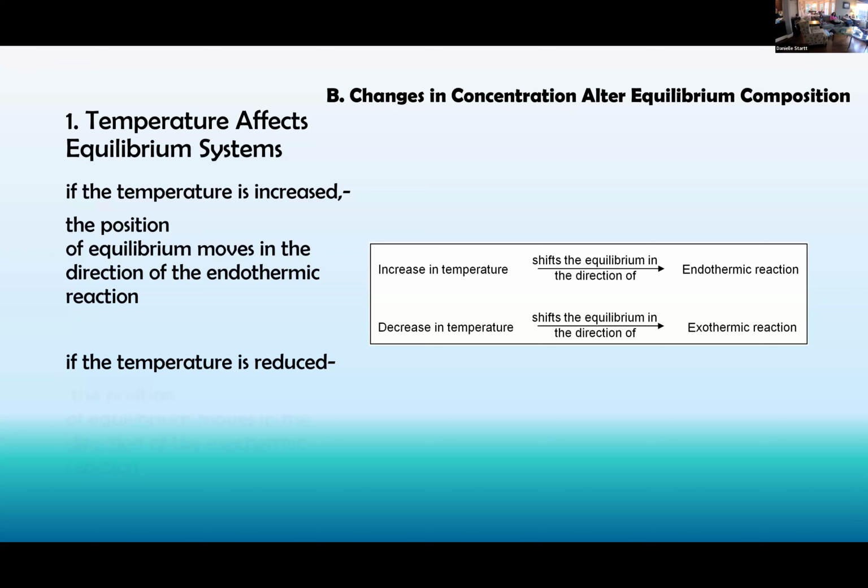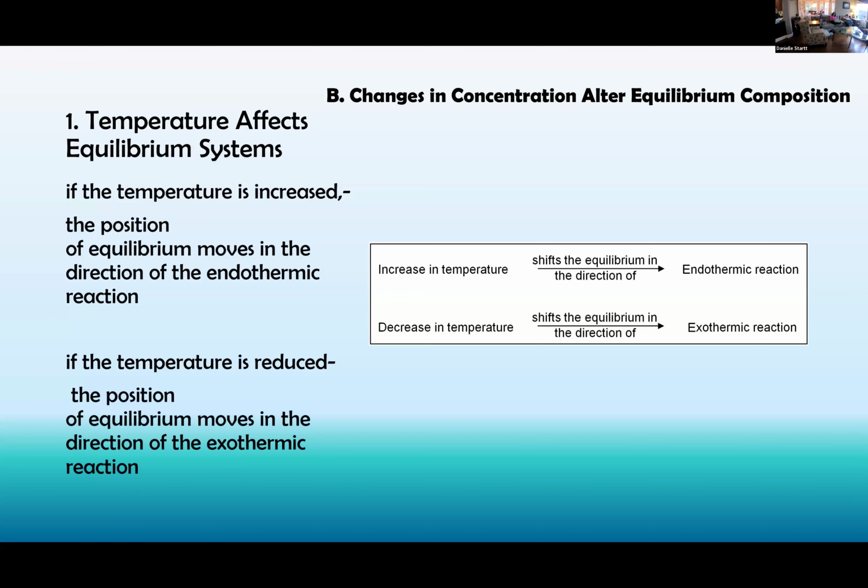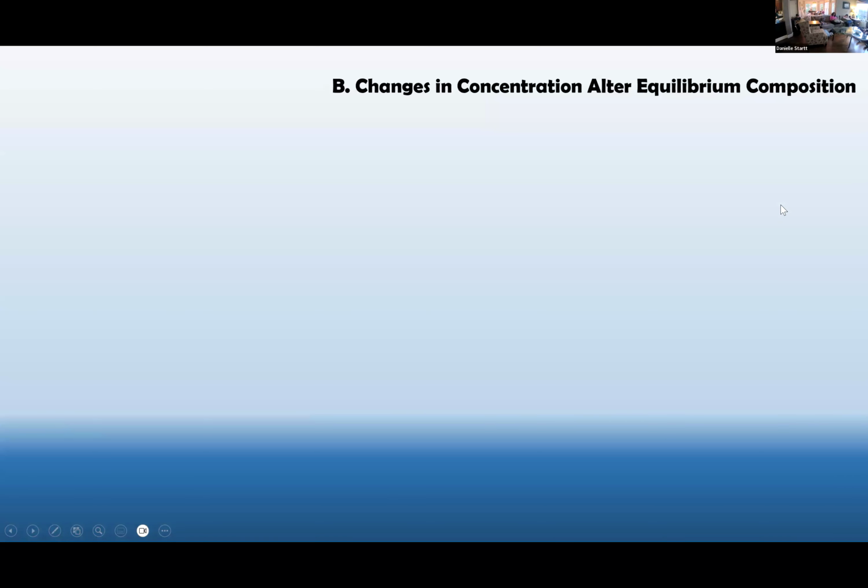It shifts the equilibrium in the exothermic direction. So this is how you can have reversible reactions that produce heat in one way and then absorb heat the other way. So you can see a temperature change in the reaction depending on which direction your reaction is going.